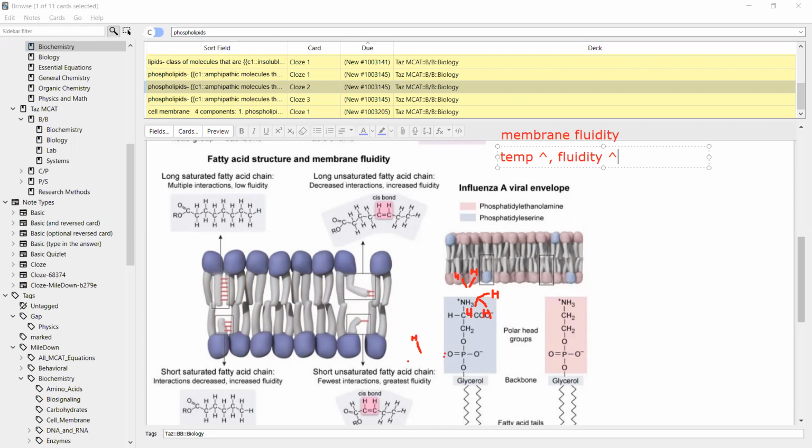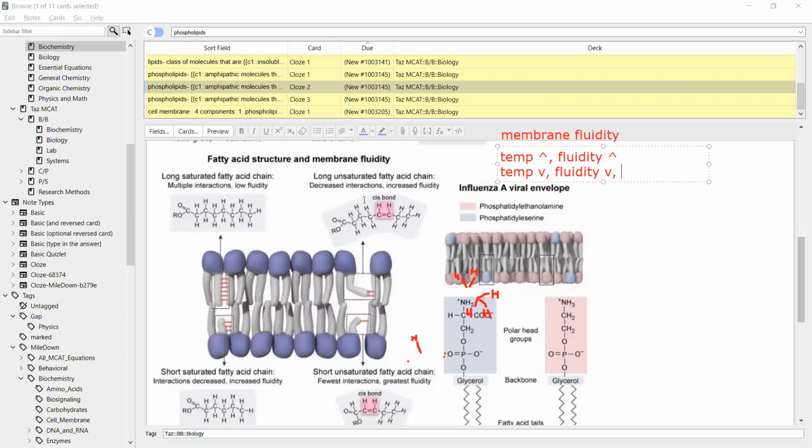Now, when we're talking about fluidity, we're talking about a measure of how well they are packing together, right? First, let's talk about what happens if we decrease the temperature. Then obviously the fluidity will decrease, right? Our butter won't melt. So the question now is, which structure is better at being less fluid?